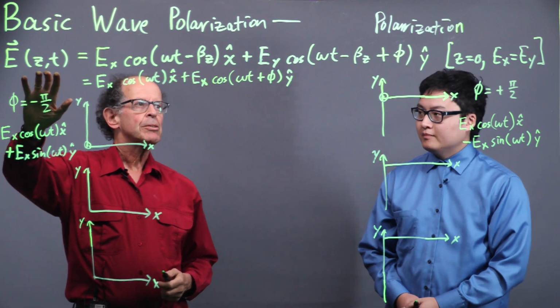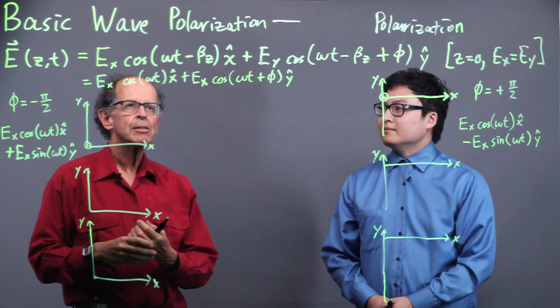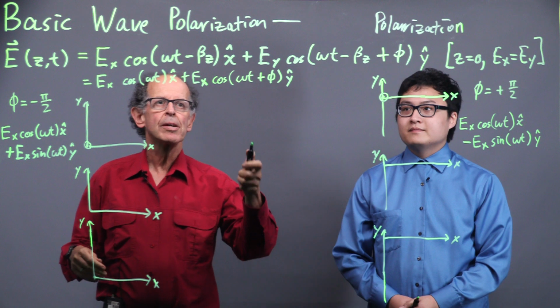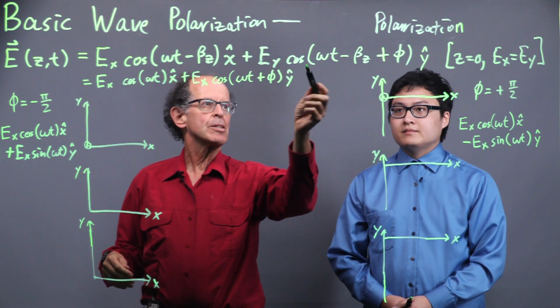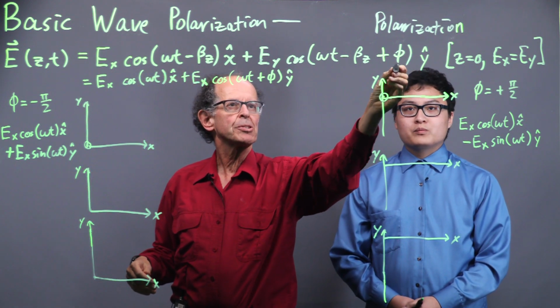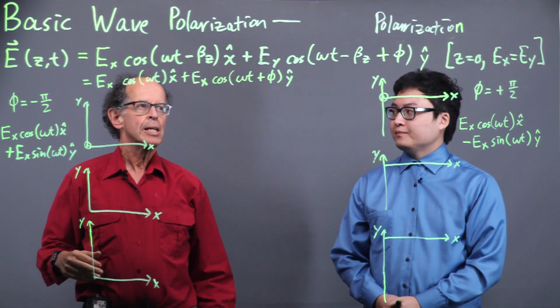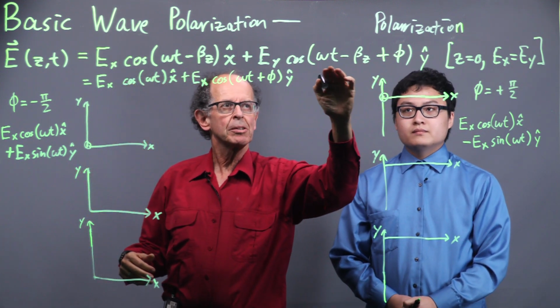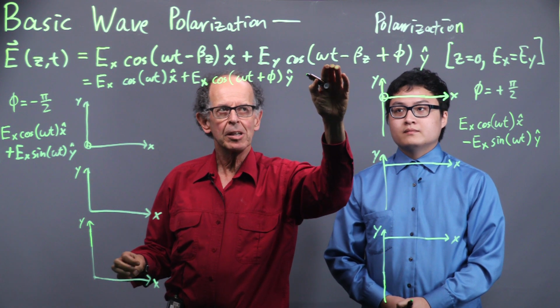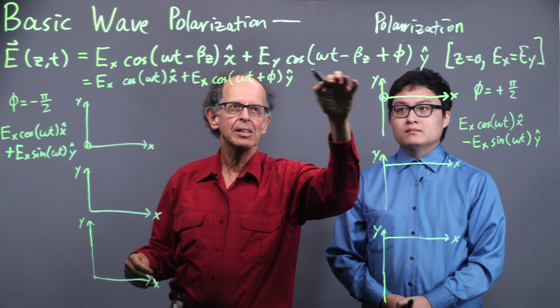Here's our electric field, as before, written in terms of cosines. The only difference is that we got a phase shift in the y component. And so that phase shift is going to affect the time here as this thing goes around.